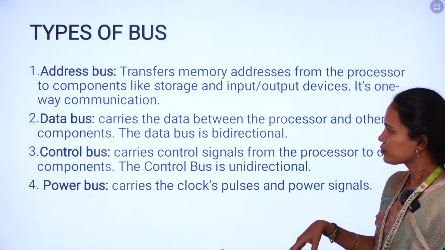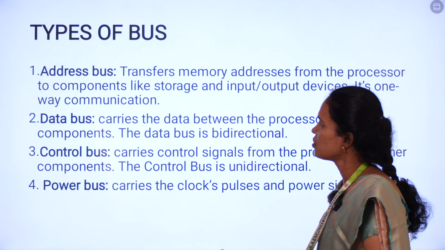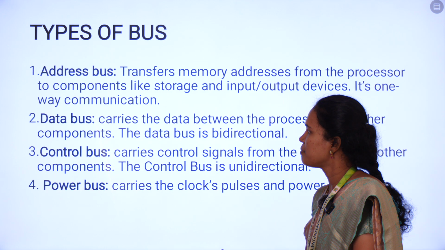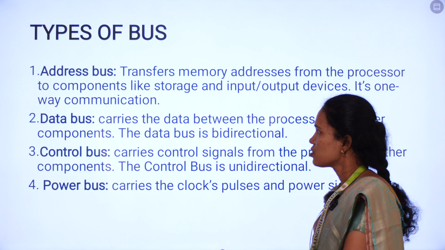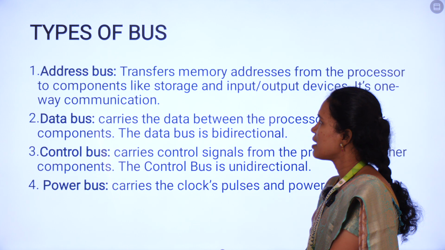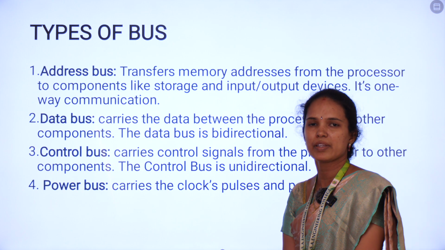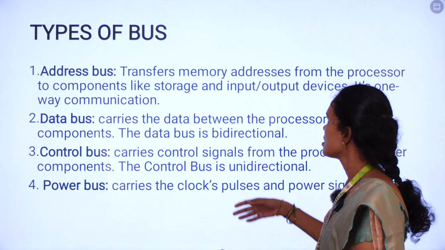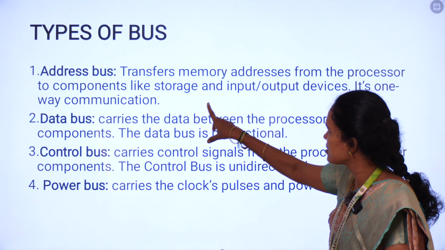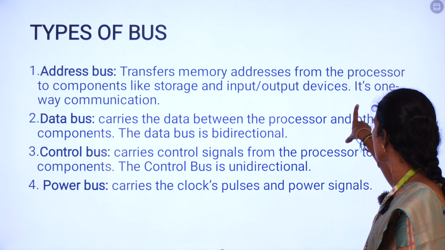What is a bus? There are various types of bus. One is the address bus, data bus, control bus and power bus. So these are the main 4 types of bus. The first one is the address bus. From the name itself we can identify its purpose. It transfers memory addresses from the processor to components like storage and input output devices.